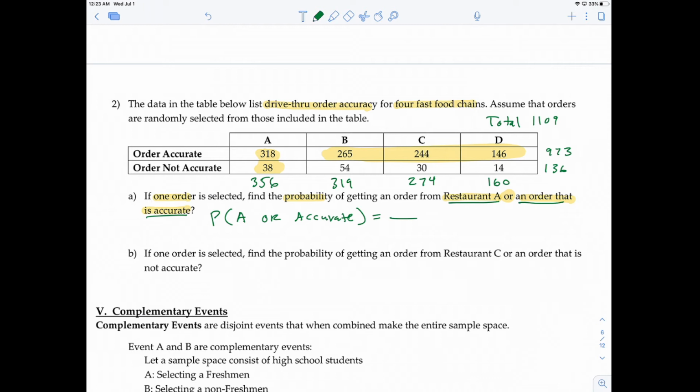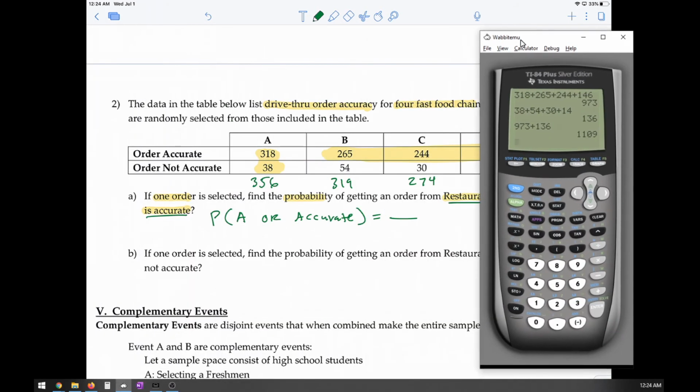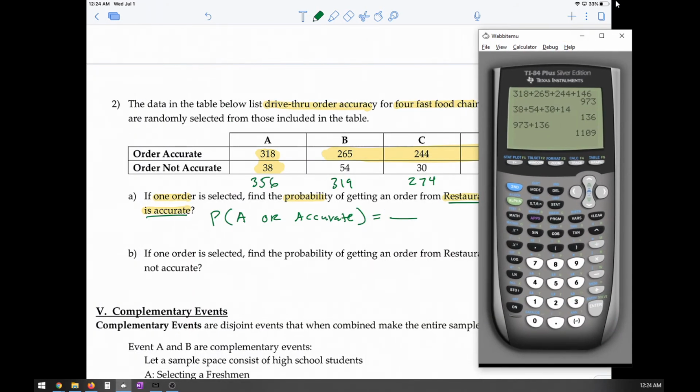So if we total up those numbers, so let's see, this is 356 of the A's, and then we can add it to the other ones which we've not accounted for, the accurate orders which we've not accounted for. That would give us the total number of ways we can get A or accurate.